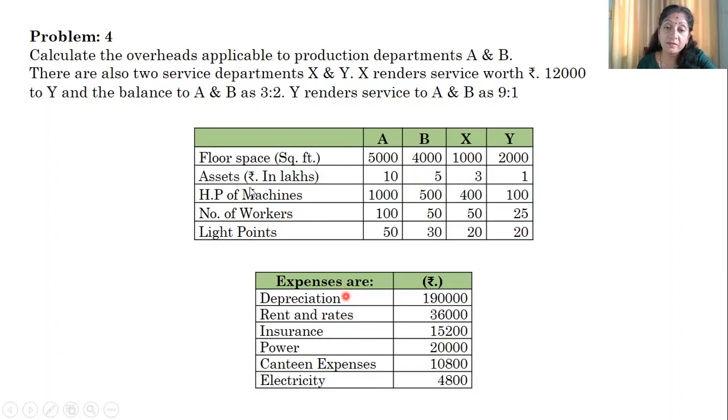Depreciation on the basis of asset value, rent and rates on the basis of floor space, insurance on the basis of asset value, canteen on the number of workers, electricity on the number of light points. Okay, this is the most equitable basis to apportion the expenses to various departments.